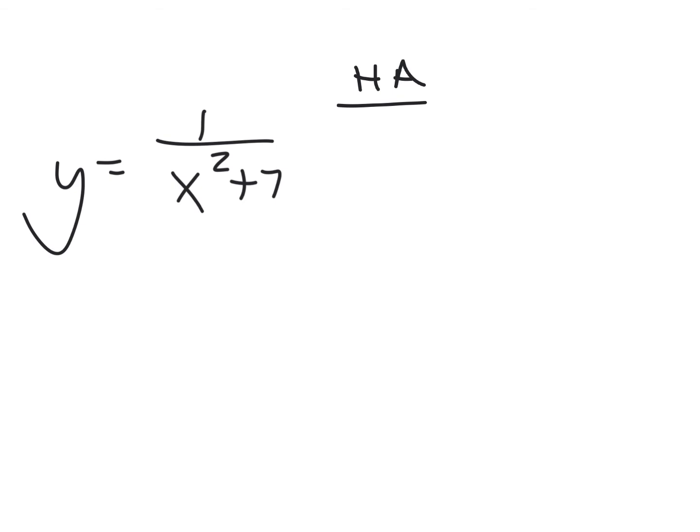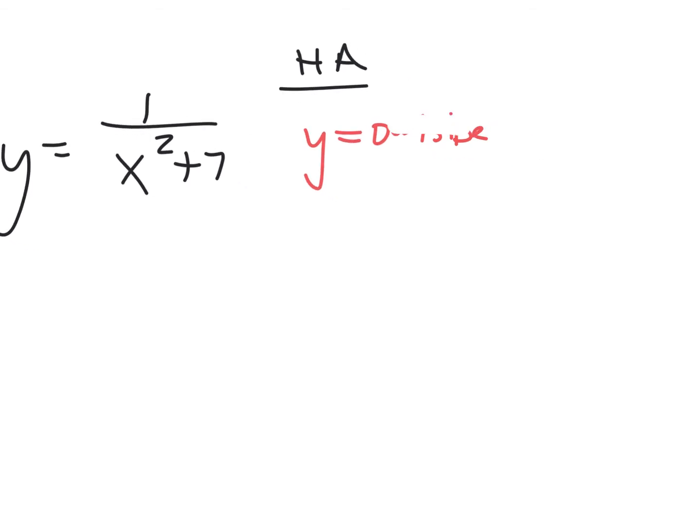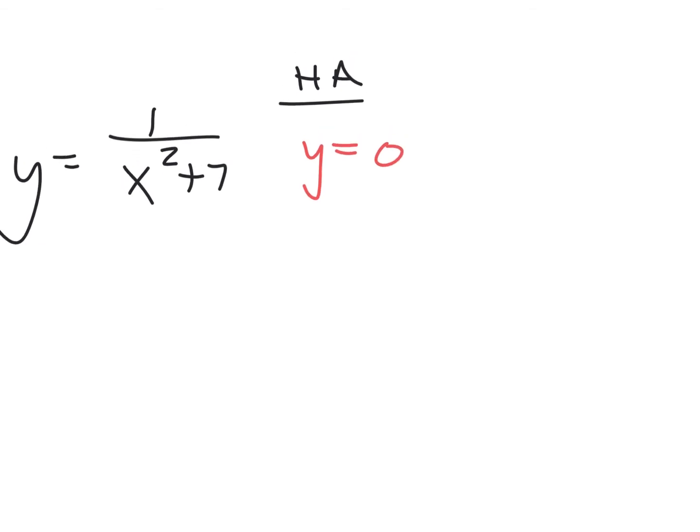Yes, and then what's the rule for Bob's? Y equals the outside. But what's on the outside? So then it's y equals 0. If I had put a plus 3 here, then it would have been y equals 3, because the whole thing would have moved up 3. Okay, but I didn't, so I won't.